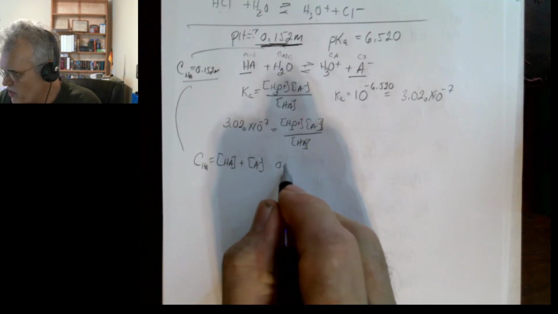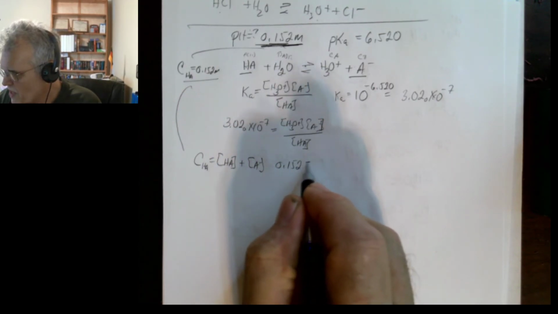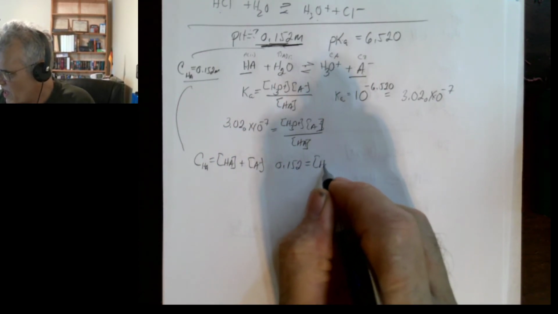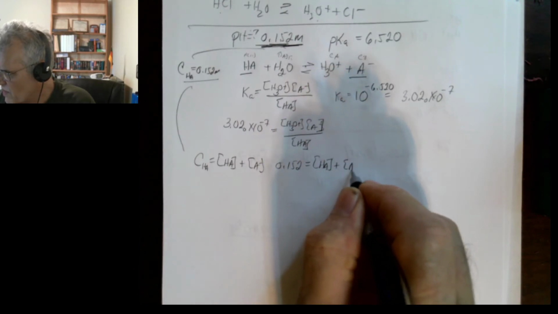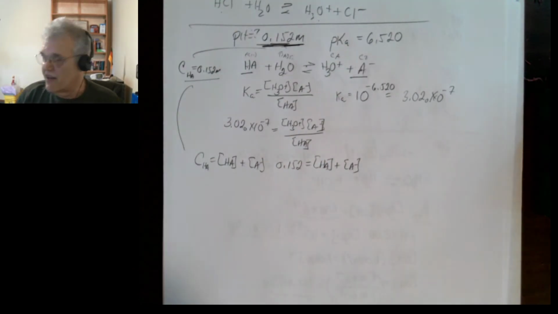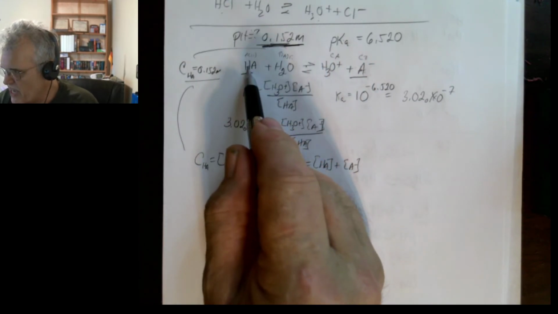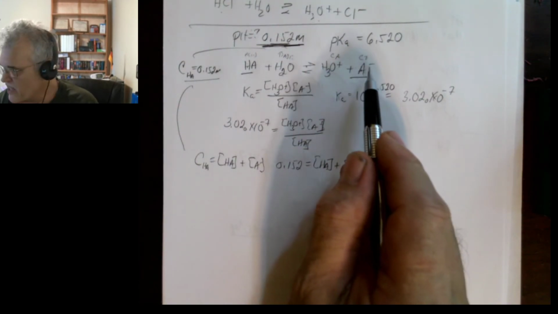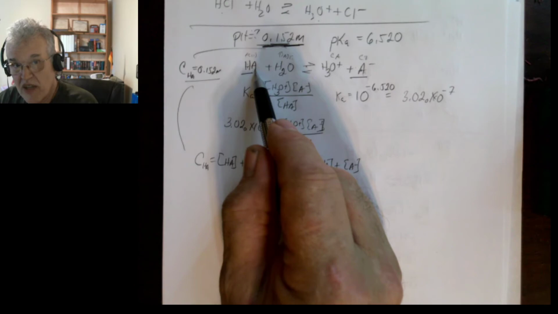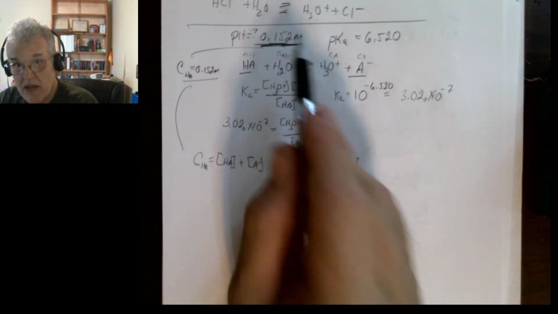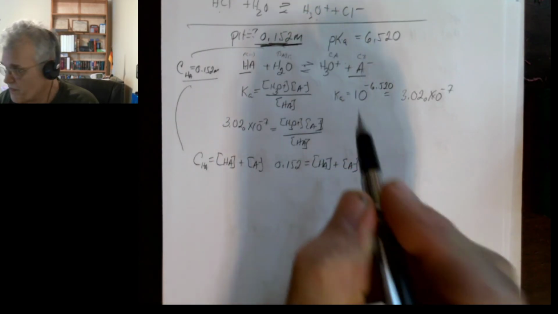For our purposes, that means 0.152 must equal HA plus A minus. Make sure you understand that. It can take on two forms. Some of the HA can ionize to form A minus. For every A minus, there's an HA lost.